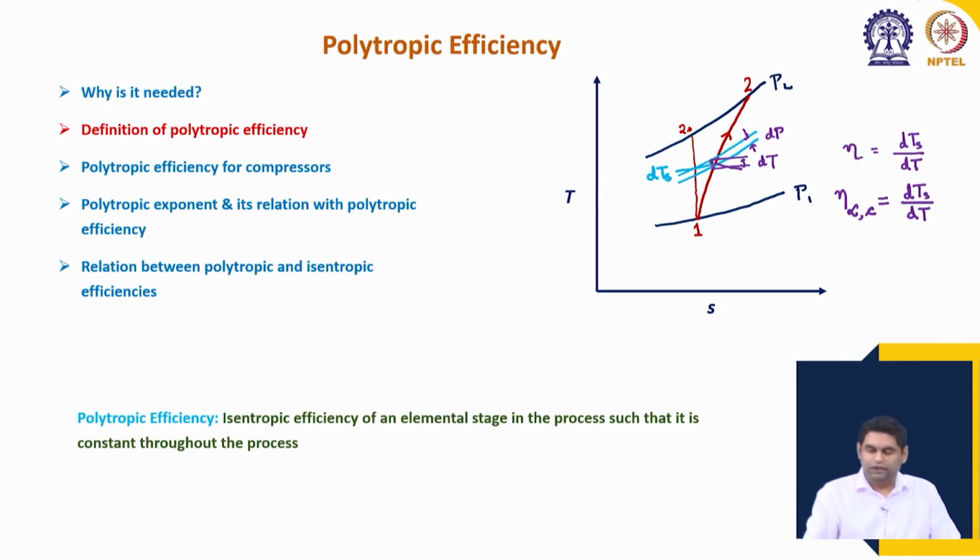So, what is seen is that this ratio remains constant throughout the process irrespective of the pressure ratio, and this only depends on the manufacturing conditions, the tolerances that are used, the equipment quality which is used for manufacturing.